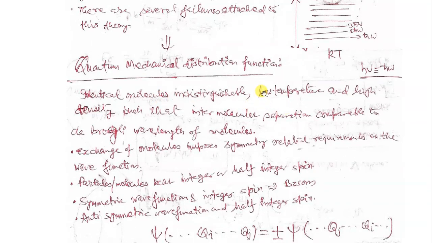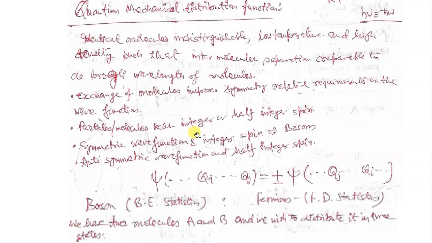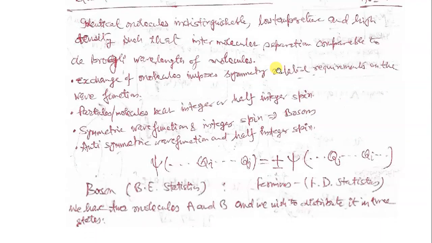So using this quantum mechanical distribution function, we can derive the physics of a system at low temperature, and at low temperature the density of your gas will be high. And also in this case your intermolecular separation may be comparable to the de Broglie wavelength of the molecule. The de Broglie wavelength lambda is h upon p.